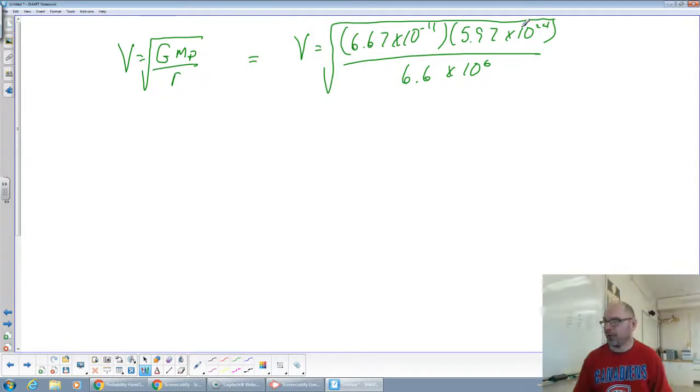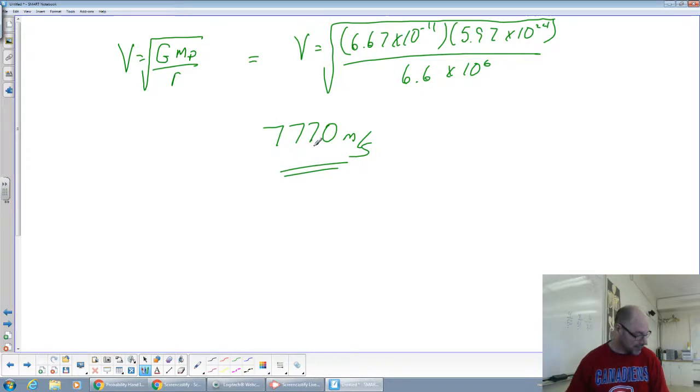Okay, so I guess we'll go with 3 significant figures here. So 7,770 meters per second is that orbital velocity, which is fairly fast if you think about it. So that's pretty good orbital velocity.